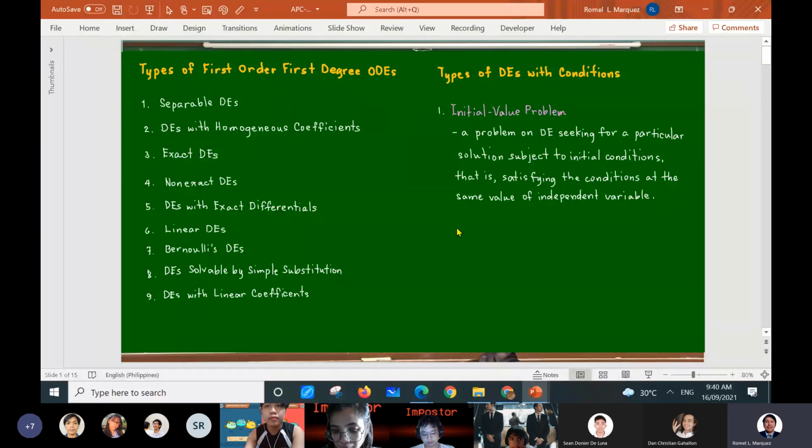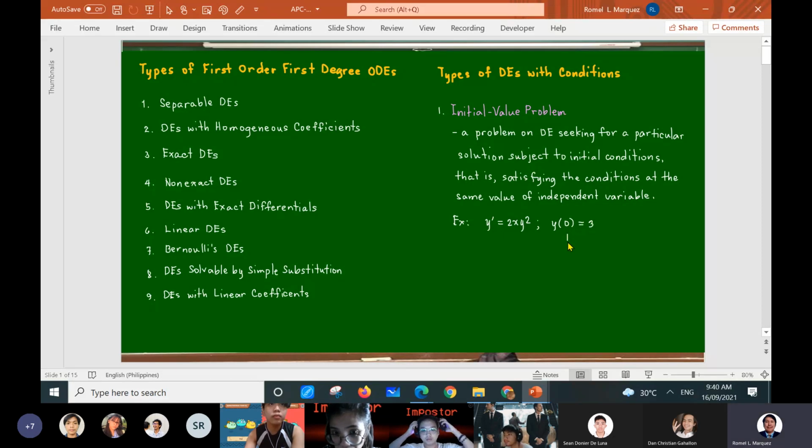Examples, we have y prime is equal to 2xy squared, subject to the condition that when x is 0, the value of y is equal to 3. What does it mean?